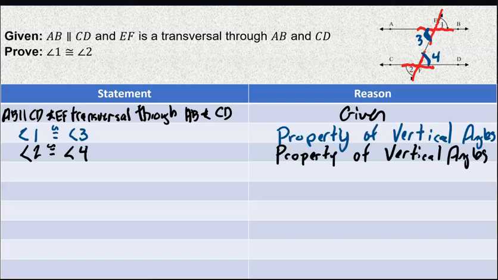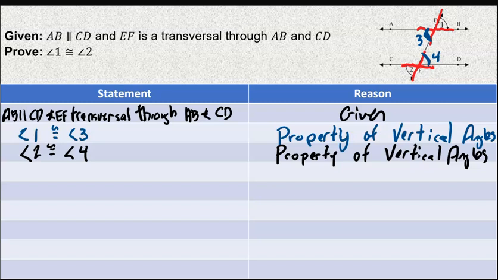So I added to my argument, angle 1 is congruent to angle 3 because they're vertical angles, and angle 2 is congruent to angle 4 because they're vertical angles. I've stated this before. You could use the same reason for multiple different statements, but typically your statements from line to line are unique.